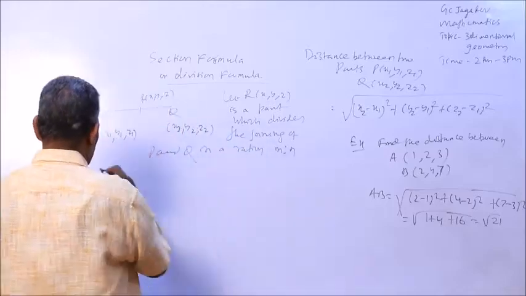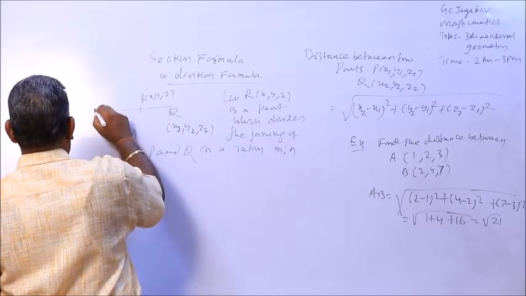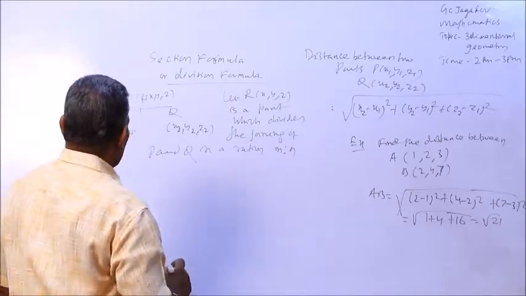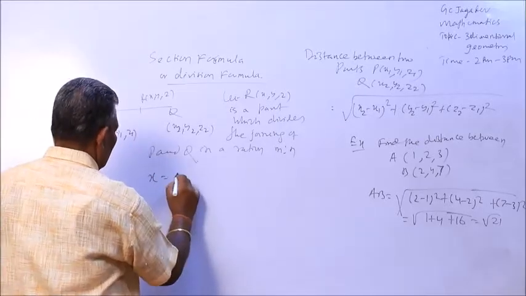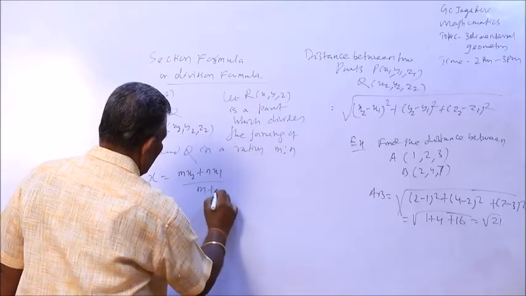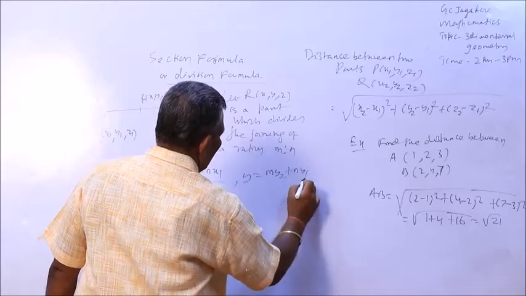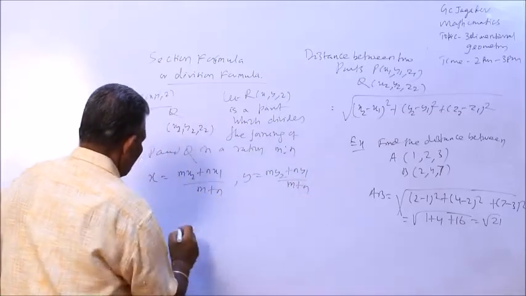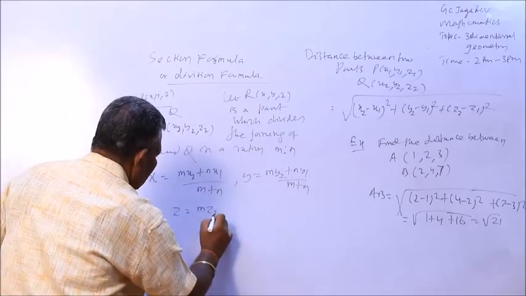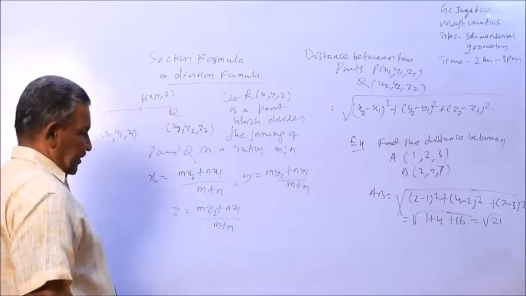Therefore, in this case x equals (mx2 plus nx1) by (m plus n), y equals (my2 plus ny1) by (m plus n), z equals (mz2 plus nz1) by (m plus n), like this.